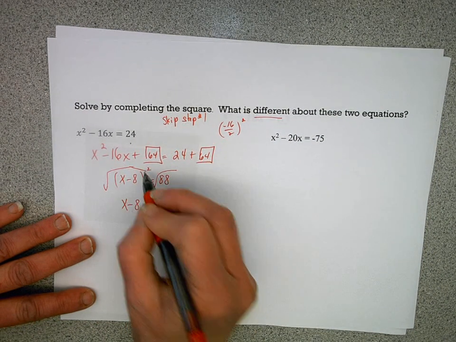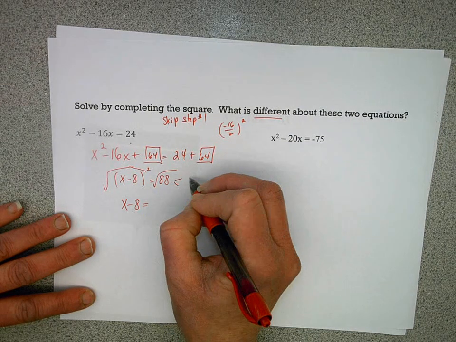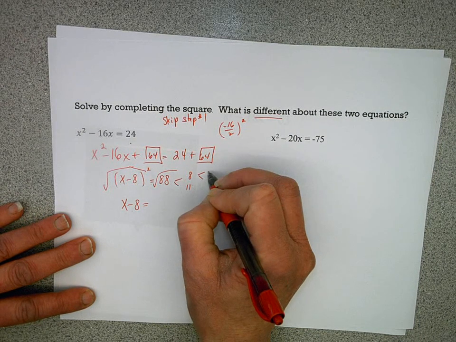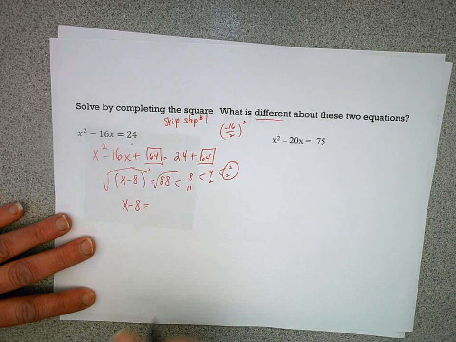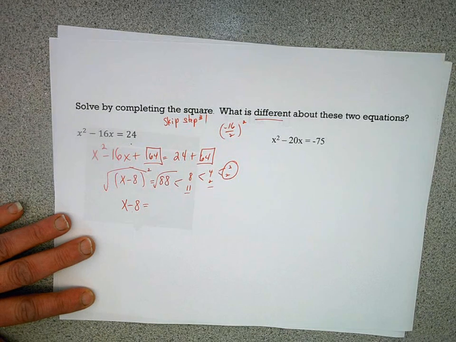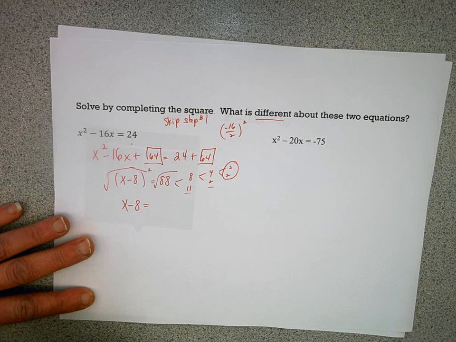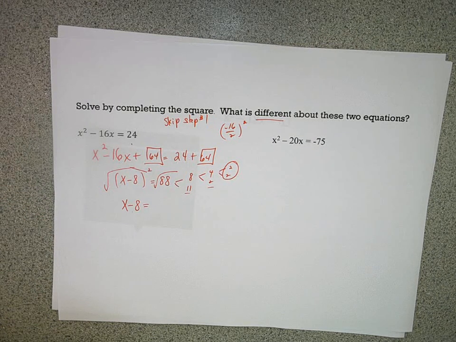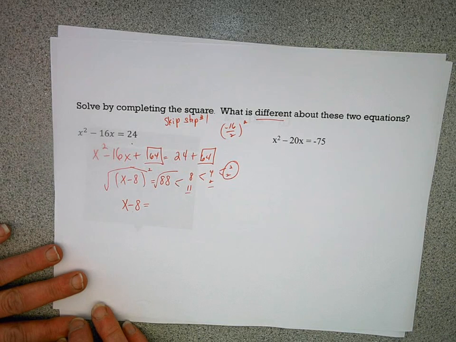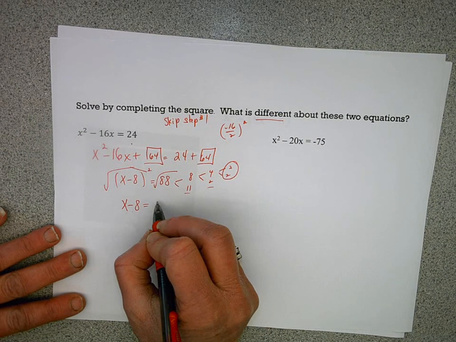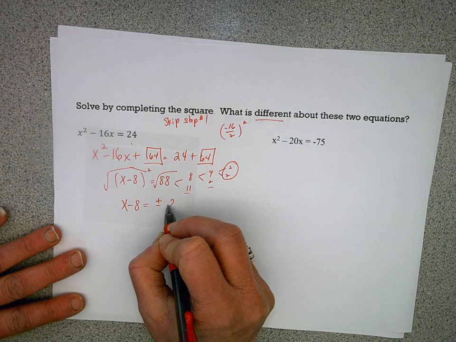They cancel out. Now, square root of 88 looks like I can simplify that. 2's match. And we have 11 and 2 left. So anything that's a multiple of 4, 8, 9, something like that, you're going to be able to simplify it. So this would be plus or minus 2 radical 22.